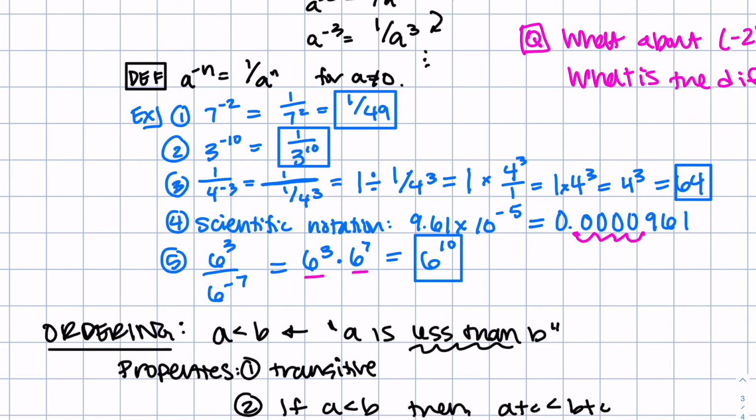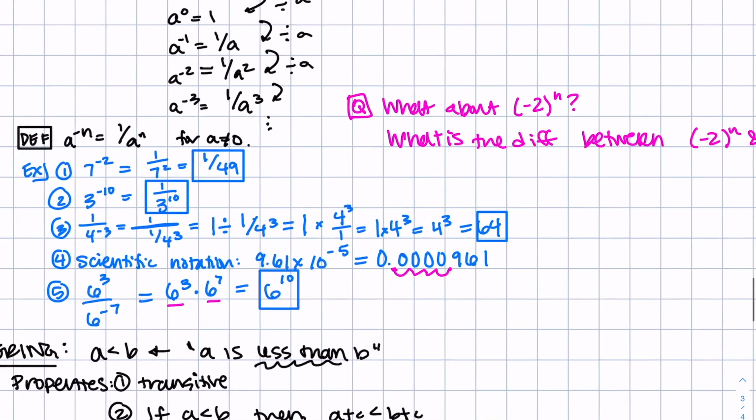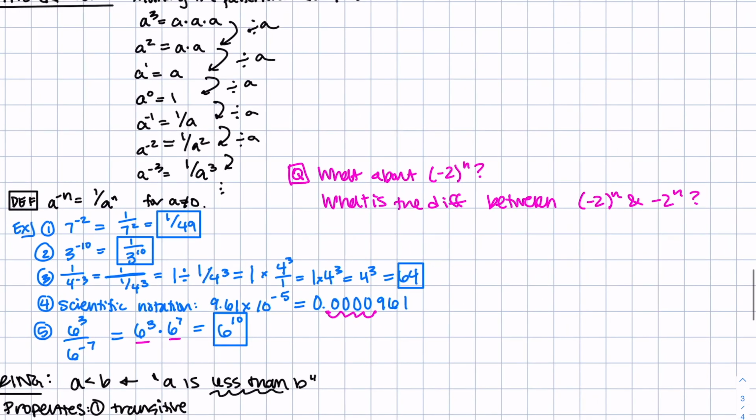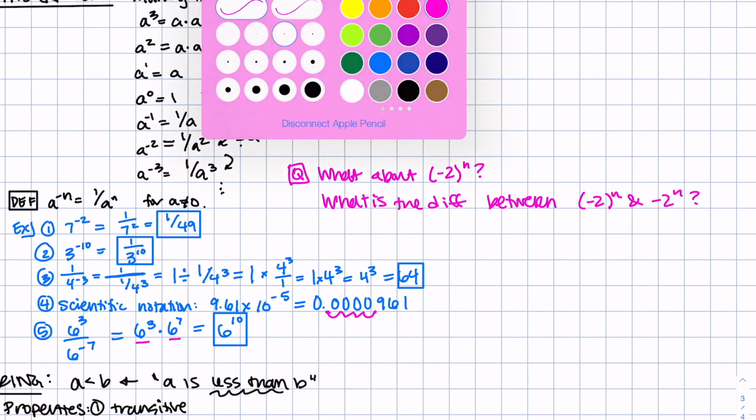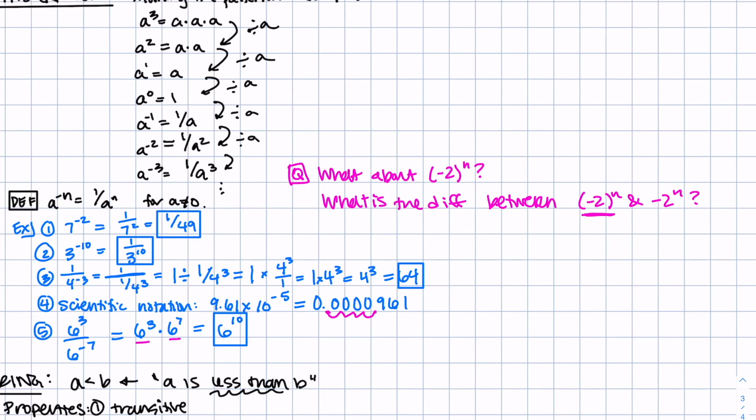Okay, great. So one last little comment on exponents: here we've been talking about negative exponents, but also be very careful about negative bases. In particular, be careful about the difference between negative 2 to the n in parentheses and negative 2 to the n with no parentheses. What the first one means is take negative 2 and multiply it by itself n times.